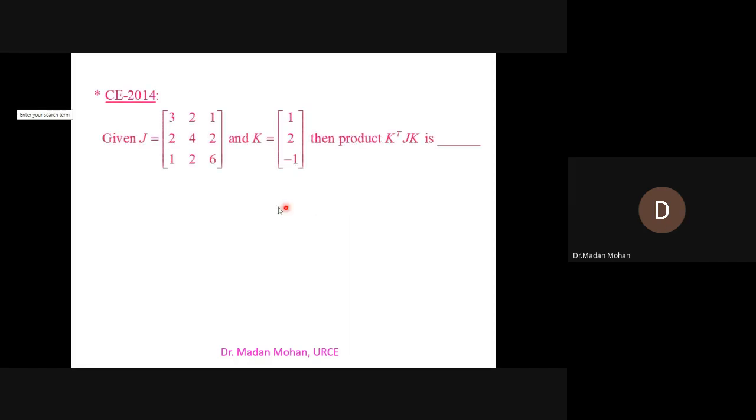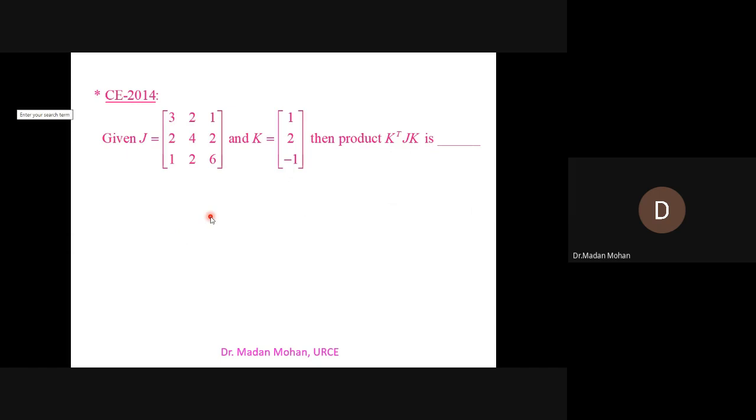Next problem. This is a problem given for civil engineering in the 2014 GATE examination. Given J equal to this and K equal to this one, then the product K transpose JK is dashed. Okay.